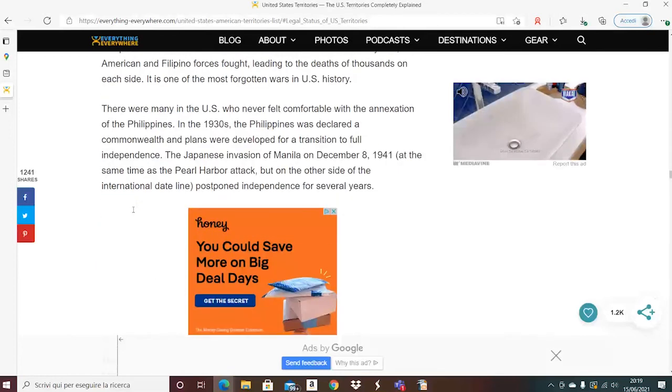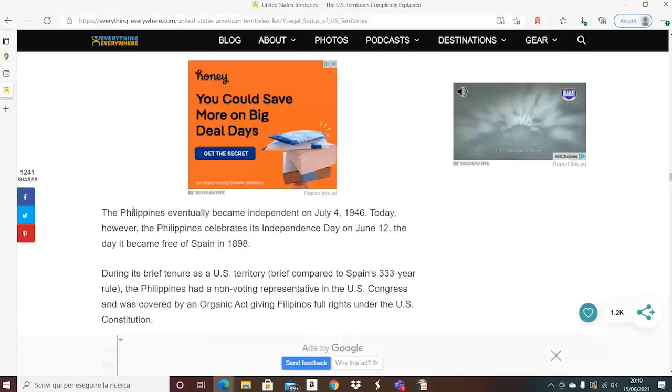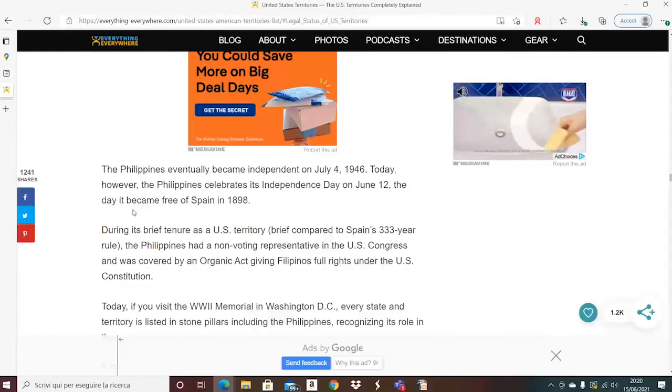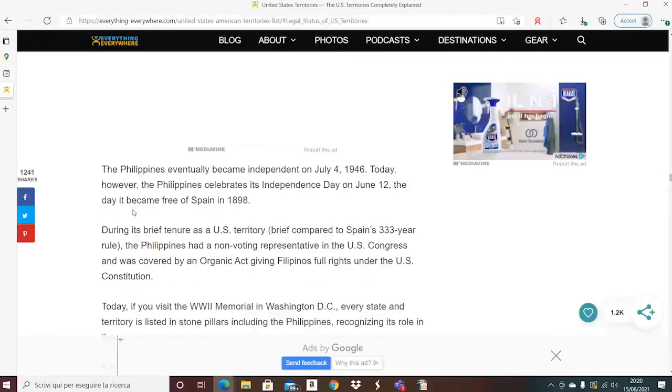So the Philippines eventually became independent on July the 4th, 1946. Wow. Today, however, the Philippines celebrates its Independence Day on June the 12th, the date it became free of Spain in 1898.